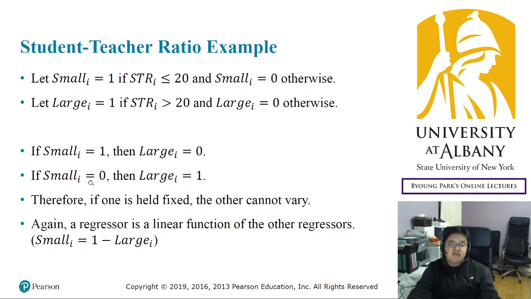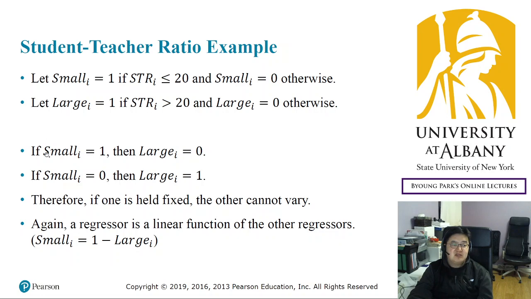And vice versa. If small takes 0, then automatically the school district is in the large class size group, so large is 1. This is exactly the problem we described earlier. If you know one, then the other variable is determined.